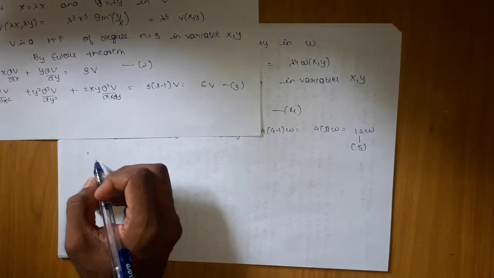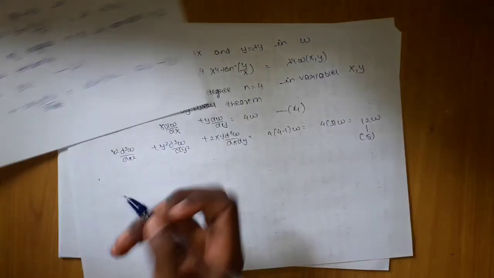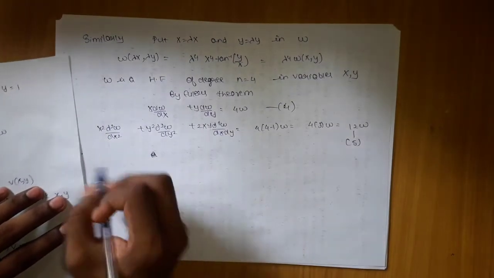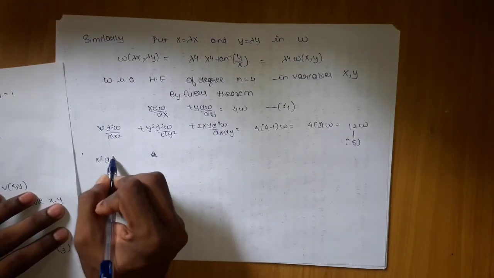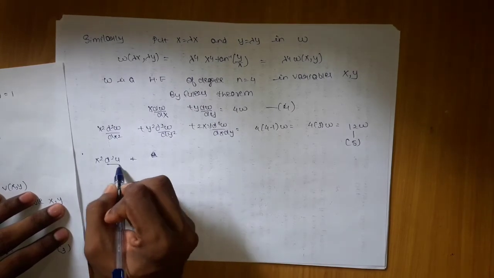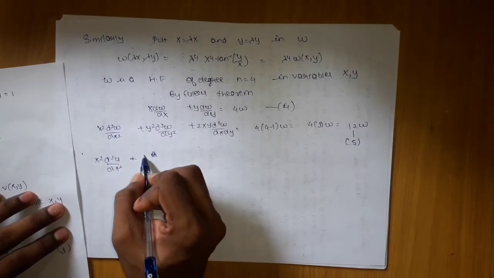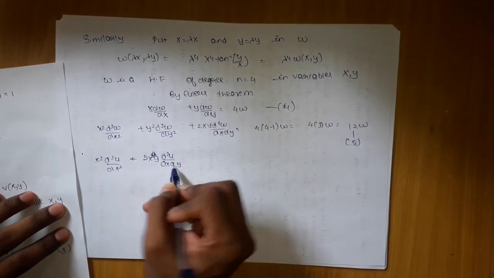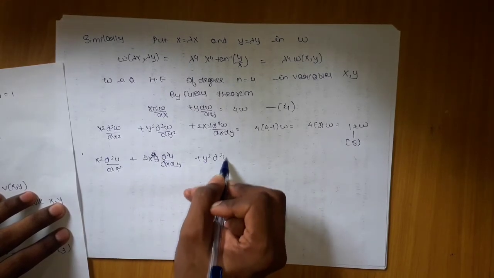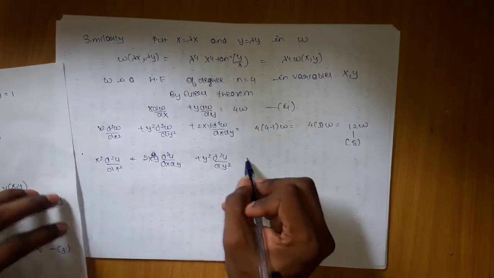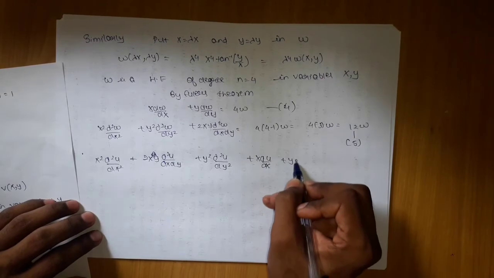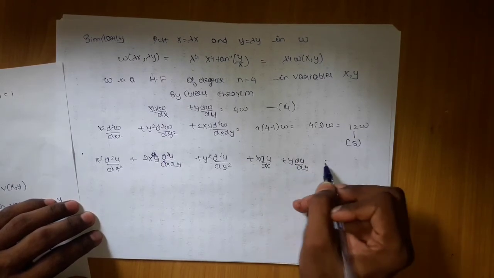from this, if you add, or you can just write this statement: x² ∂²u/∂x² plus 2xy ∂²u/∂x∂y plus y² ∂²u/∂y² plus x ∂u/∂x plus y ∂u/∂y equals to what?